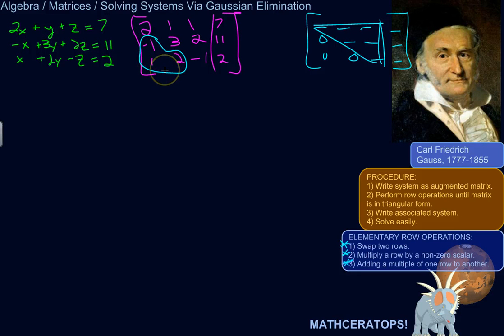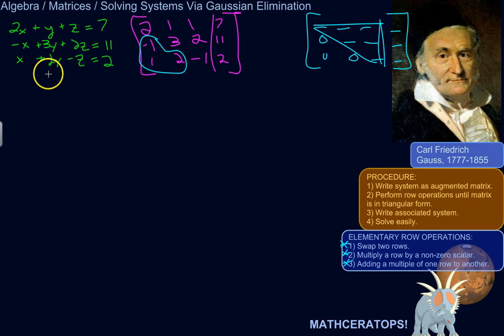Let's first make this into a 0, because we can easily just add this row to this row, and -1 plus 1 is 0. So that'll take care of that. So let's concentrate on this column of making these things zeros first, and this one's gonna be the easiest.